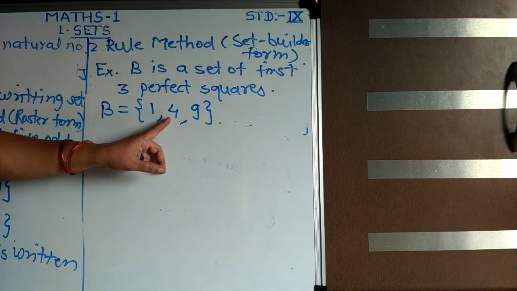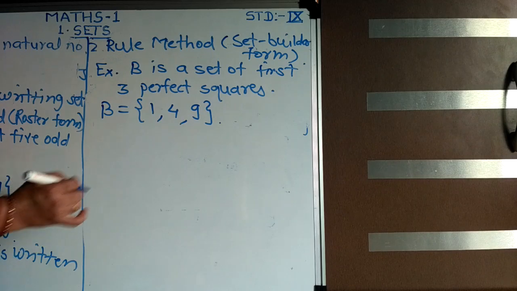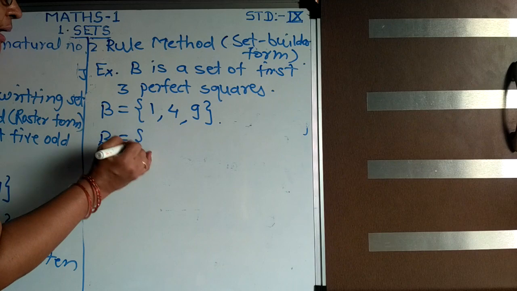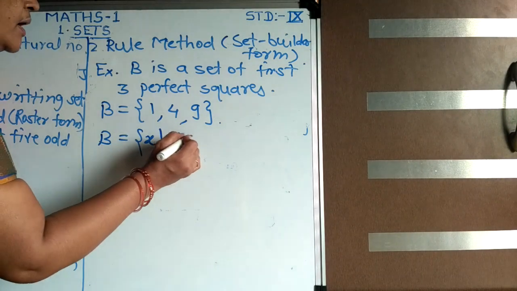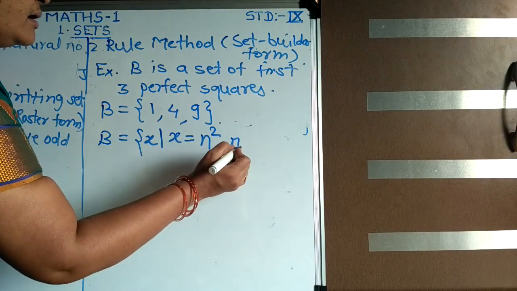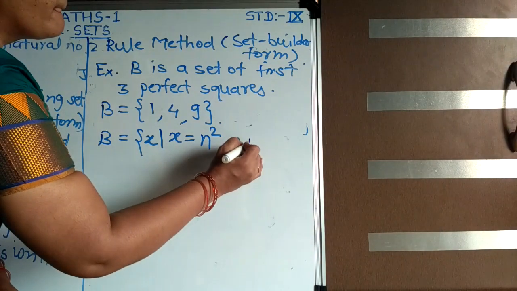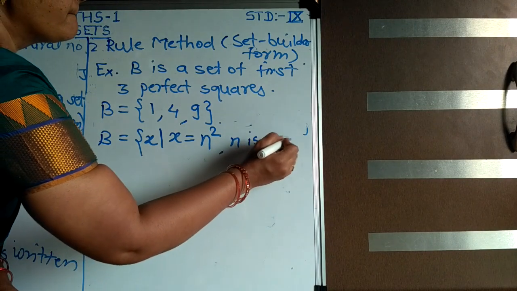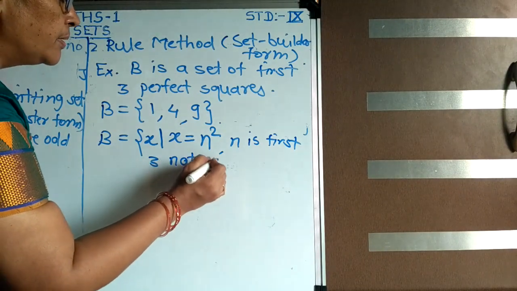First three natural numbers which are perfect squares. Now how to write it in rule method? x is an element such that x is equal to n square and n is one of the first three natural numbers.